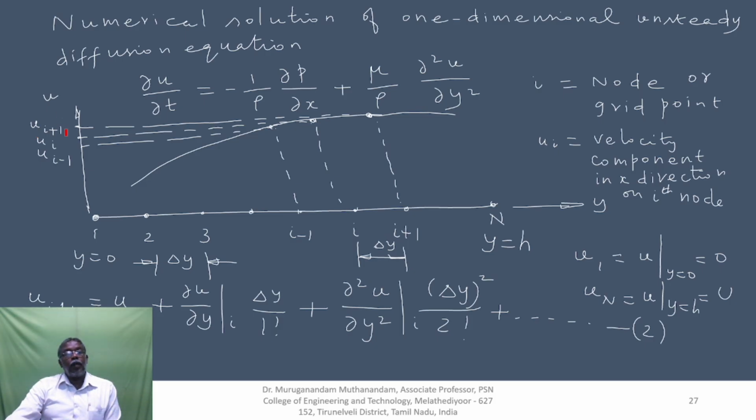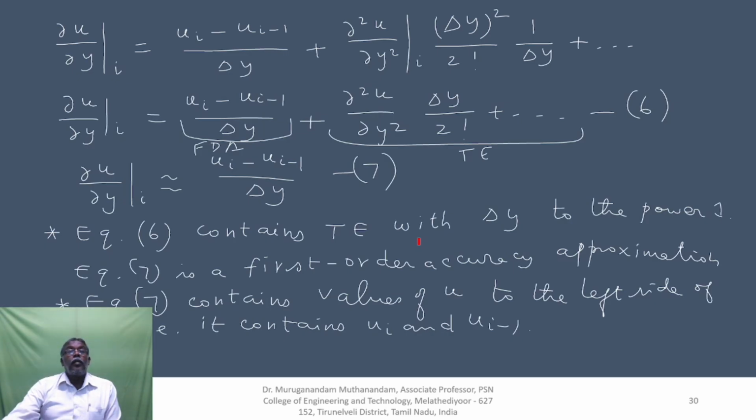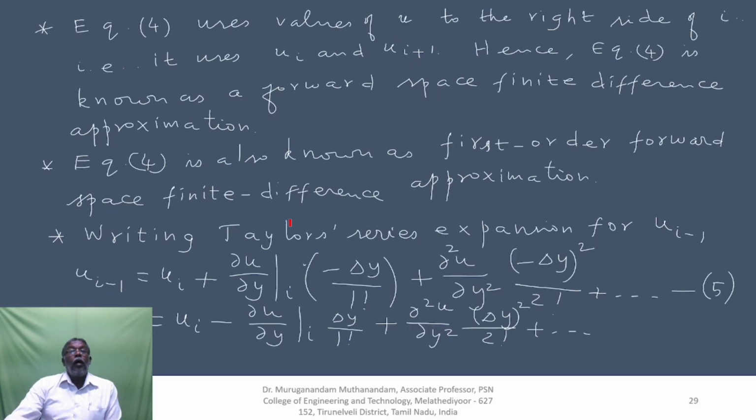So it uses the x component of velocity of the fluid particle to the right side of the grid point I, that is in I plus 1, ui plus 1 and ui. Hence equation 4 is known as a forward space finite difference approximation.